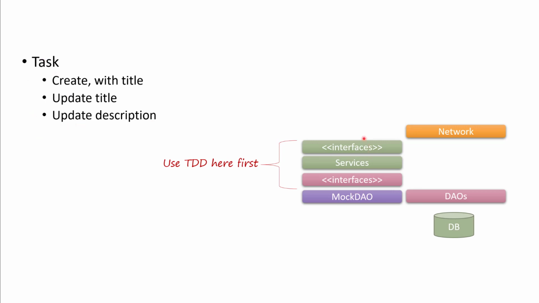But then we can see that we can still drive our system from here, the interface, all the way to the database. And then in the next video, I have a plan of adding a socket server, which we can test, and then we can run the entire server with our tests. So that's going to be interesting to see if I can make that work.